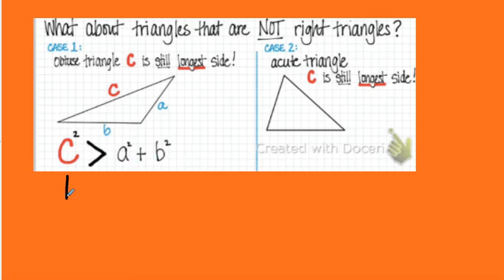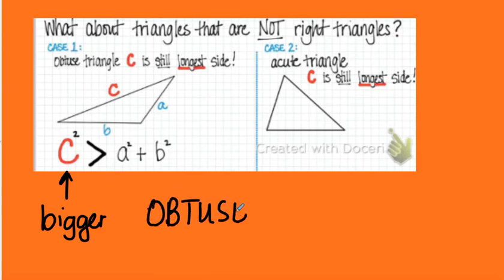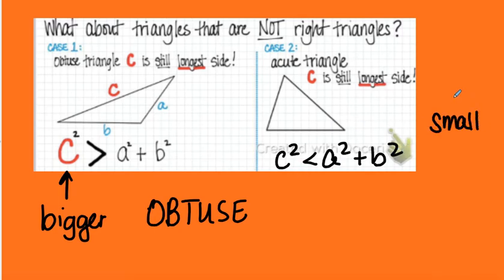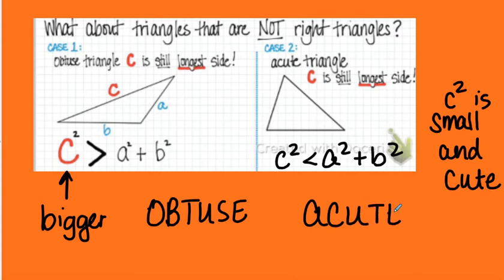So c squared is bigger than a squared plus b squared. When it's bigger, then it's obtuse. This would form an obtuse triangle. All right, now if we do the same thing and c squared is less than a squared plus b squared, so c squared is small and cute, like Coach Fred, then it would be an acute triangle.